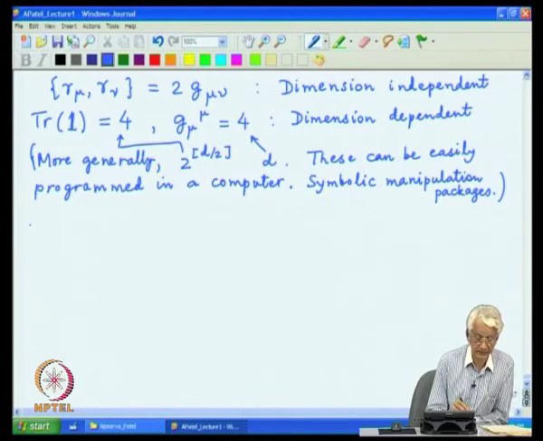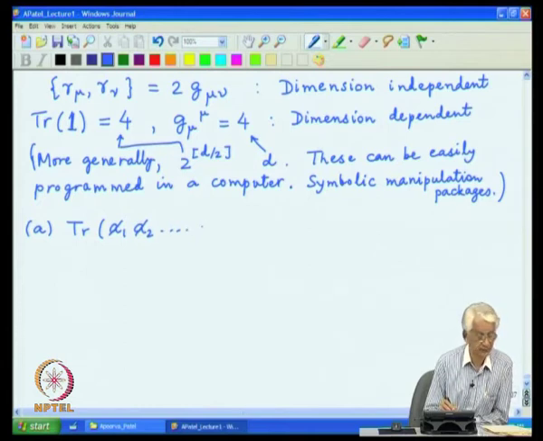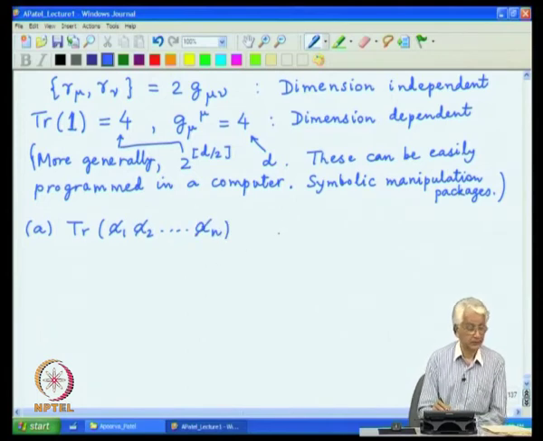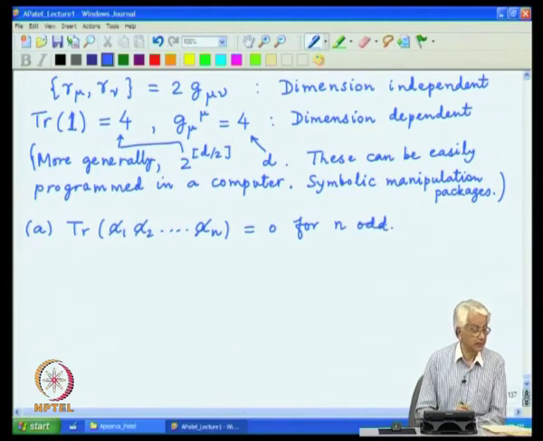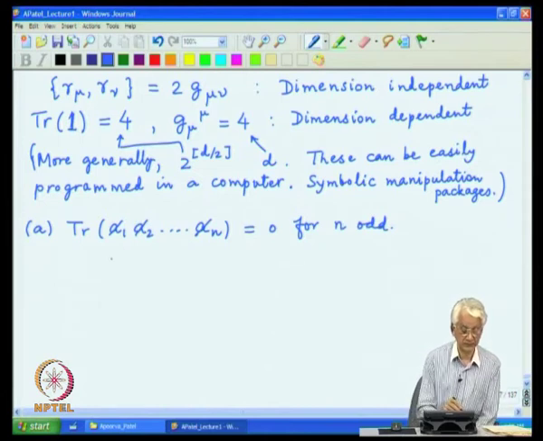The first one I want to mention is a trace of a product of operators, all of them involving A1 slash up to An slash, is equal to 0 for n odd. So, one has to worry about only the products where the number of factors is even.